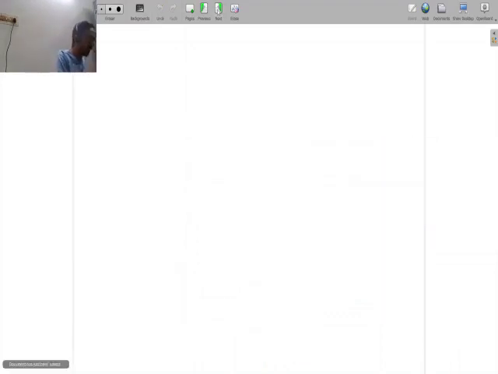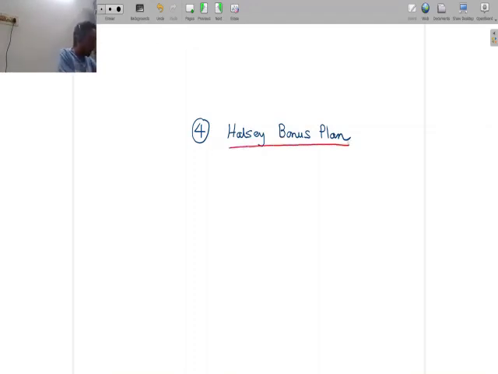Now let's look at the fourth type, which is going to be the Halsey bonus plan. Now, Halsey bonus plan also has a certain formula. In that, one thing is common: time taken into time rate.